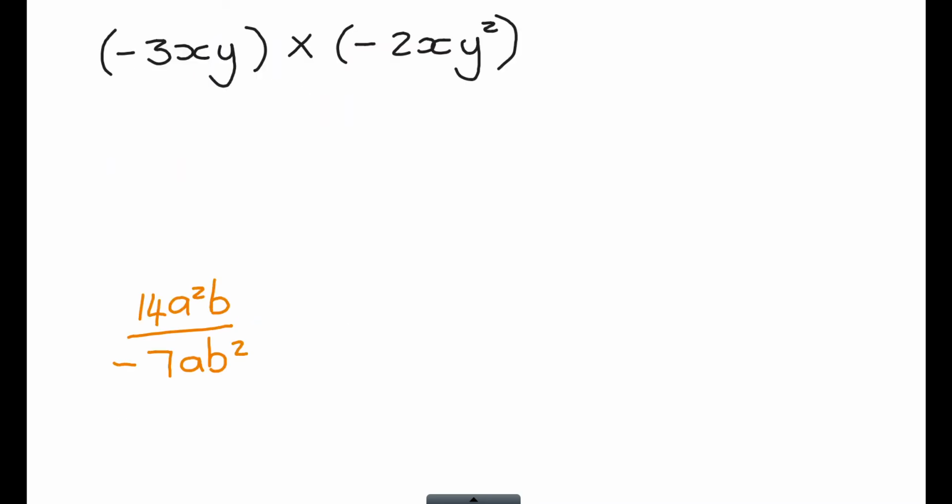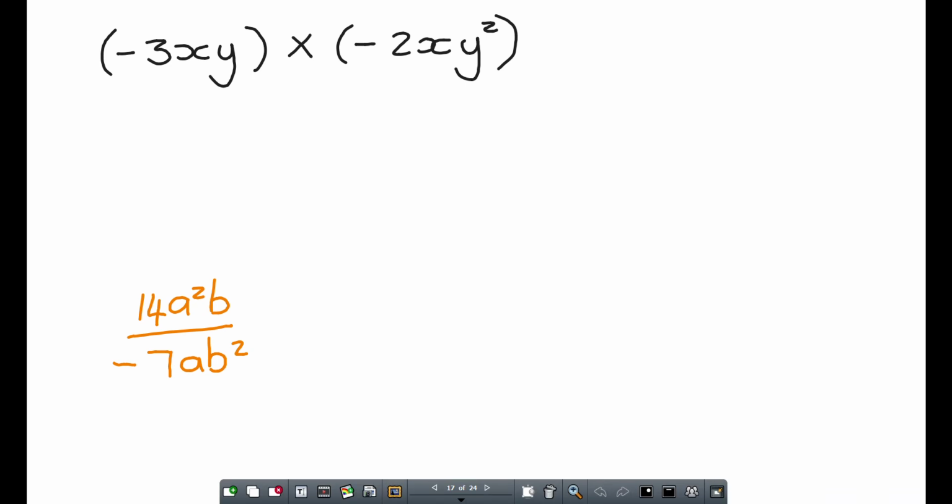Okay, so over here: minus 3xy times minus 2xy to the power of 2. Do we need to look at like terms? We multiply, so we don't have to worry about like terms.